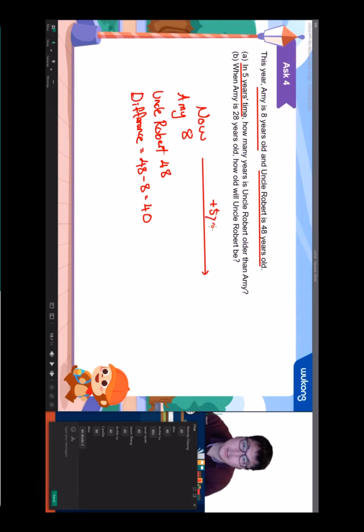in the 5 years, how old is Amy? How old is Amy, guys? 13. And how old is Uncle Robert?